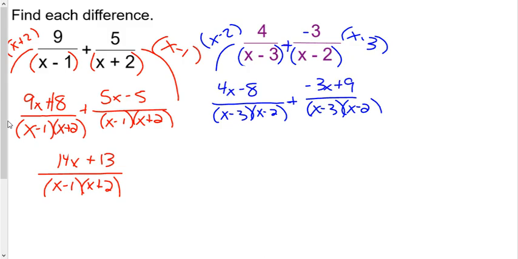Add your like terms, so 4x and negative 3x add to be 1x. Negative 8 plus 9 is 1 over our common denominator, (x minus 3)(x minus 2). And again, the order in which you write your denominator doesn't really matter. Typically, whatever's on the left, I write first. Whatever's on the right, I write second.